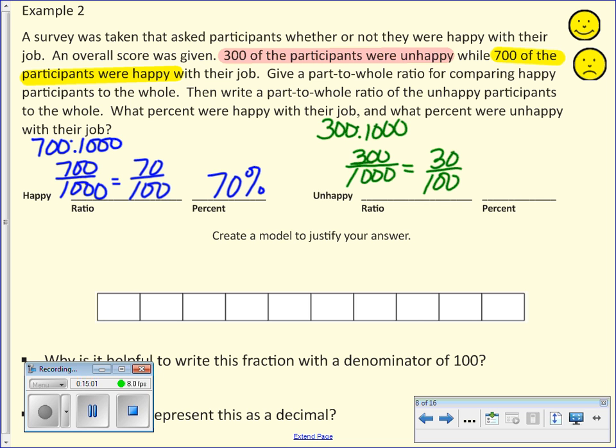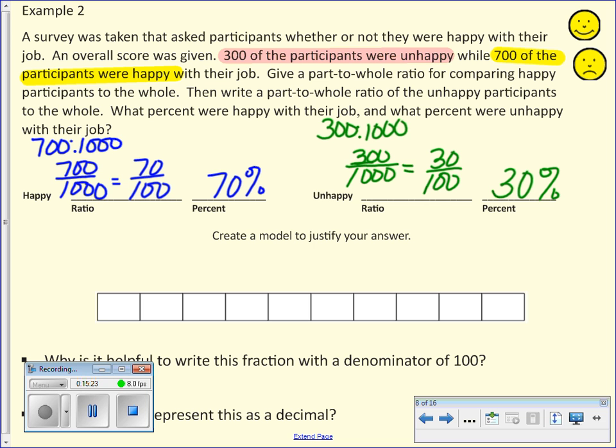We want it over 100, so then it's easier to write as a percent. Okay, please write everything on your notes that I write on the board. So if I write it as a ratio, then as a fraction, you should be writing everything down. Okay?